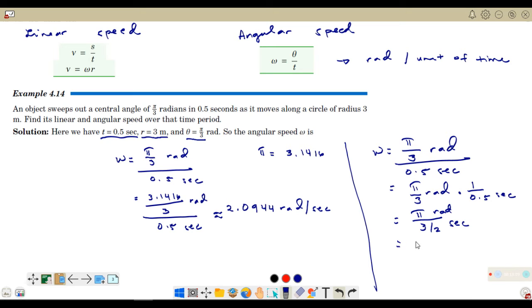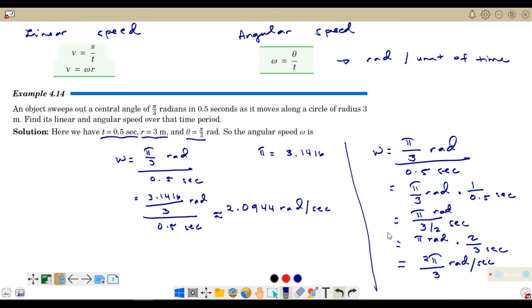So this is pi radians times 2 over 3 seconds. So that is 2 pi over 3 radians per second. Okay?